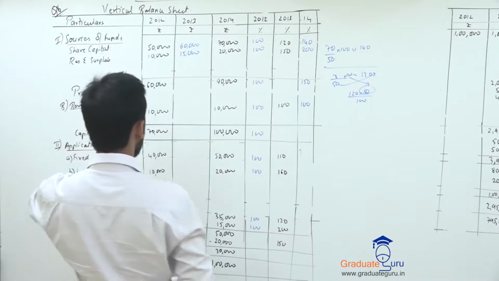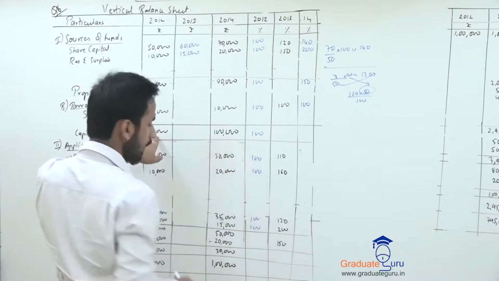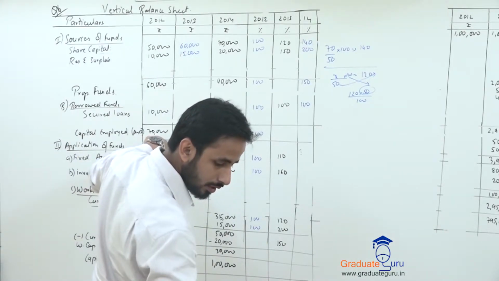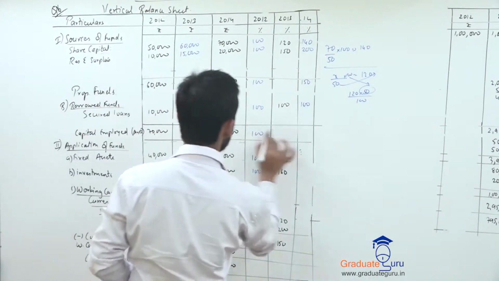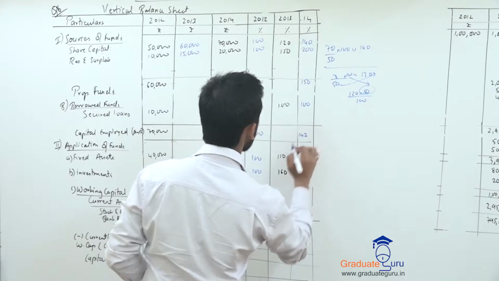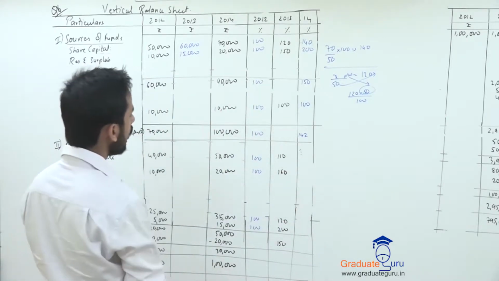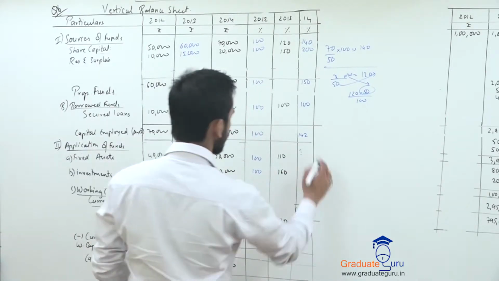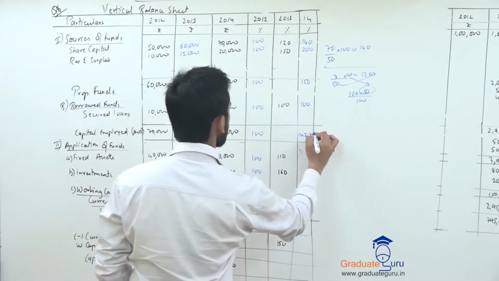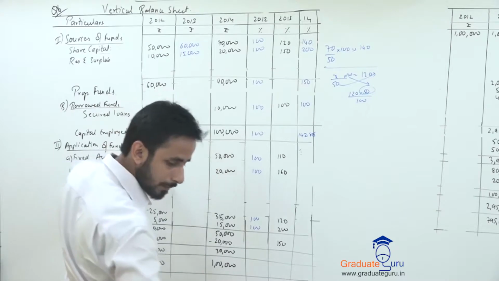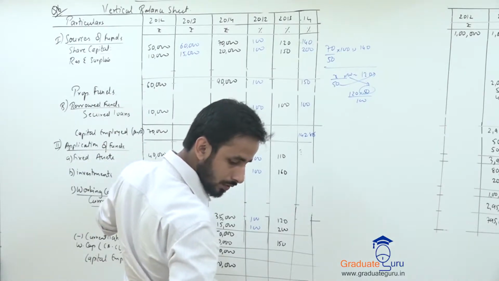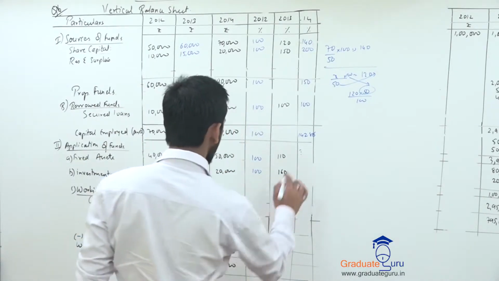Yes or no? 1 lakh and 70, so 100 divided by 70 and percentage, so 142.86 percentage. Okay, 50 divided by 40, 125%.